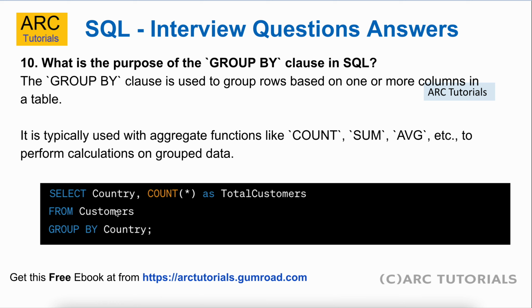Now if you look here, select country, count star as total customers from customers group by country. So the output is we are telling it to group the data by country and then do this operation, which is count star. So remember, whenever you use group by, you will always use it with some aggregate functions like count, sum, or average to derive some data.